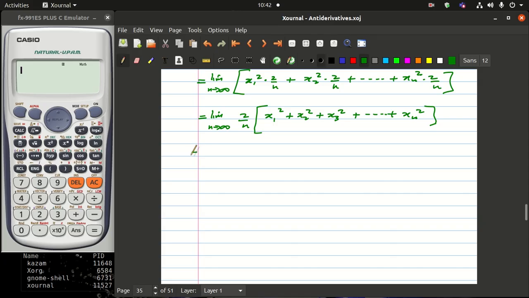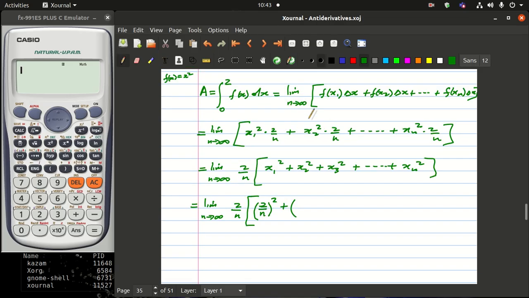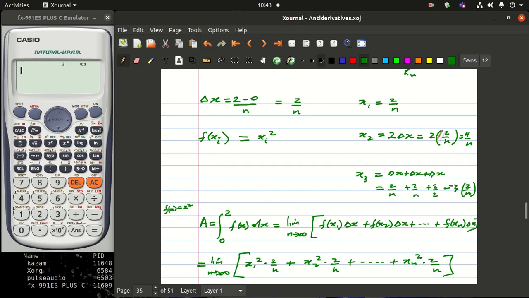The next thing that I want you to realize here is that we have n approaches infinity, and then here I still have a 2 over n, and then inside here I still have my x1. My x1, I said it is the same as just delta x. It is just a delta x, or 2 over n, and then I want to square that thing, plus when it comes to x2, it was 2 times this over that.